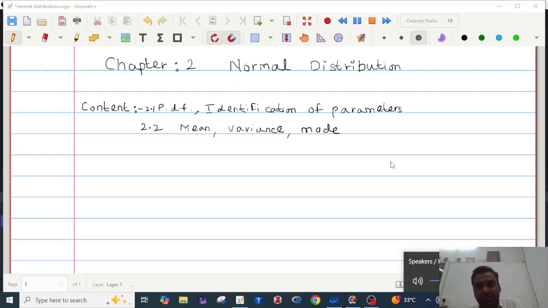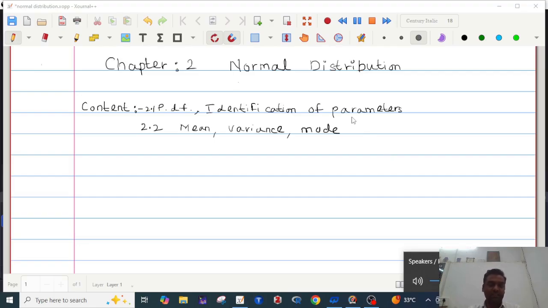Generally these data sets follow the normal distribution. So this is a very important distribution.